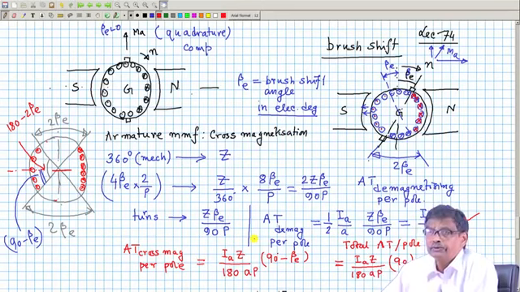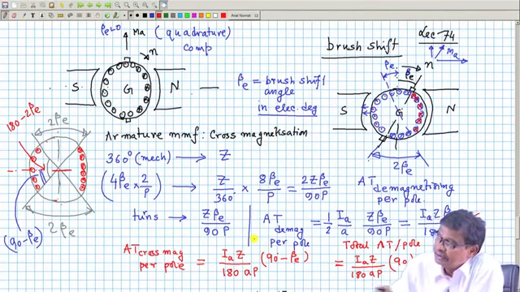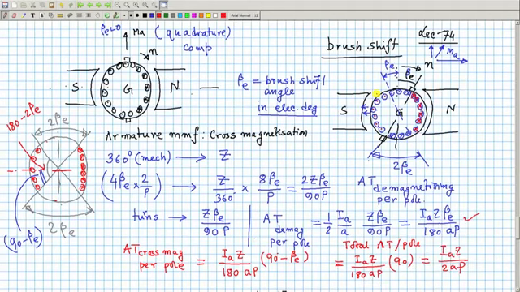And what should I do if a brush shift machine is being used? Then the demagnetizing portion of the ampere turns I will try to get rid of using some coils which will produce flux along this line, and the quadrature axis component of the flux by interpole. You know, I will calculate the cross magnetizing ampere turns.